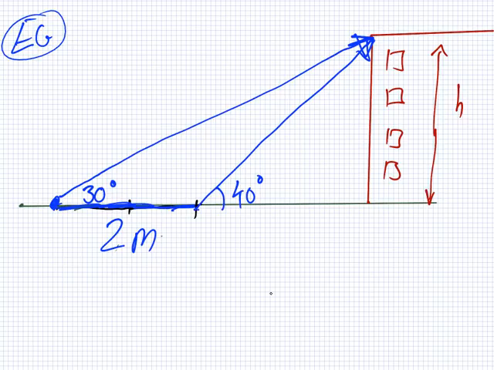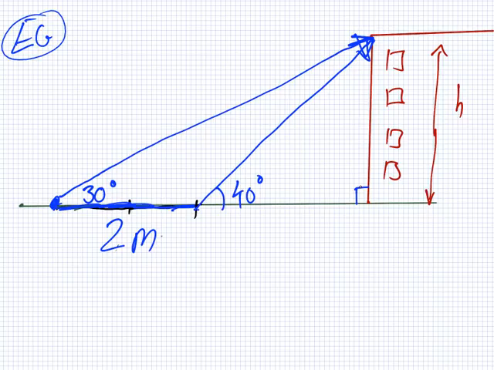Everything in blue is given to you. What's not given is the red stuff; that's what we want. What we have is in blue, and black would be our calculations. Okay, did you draw this?